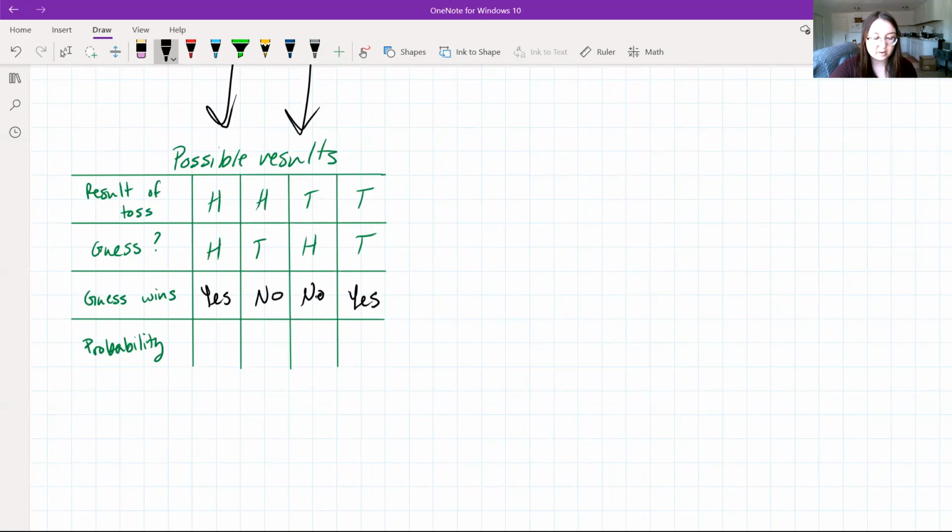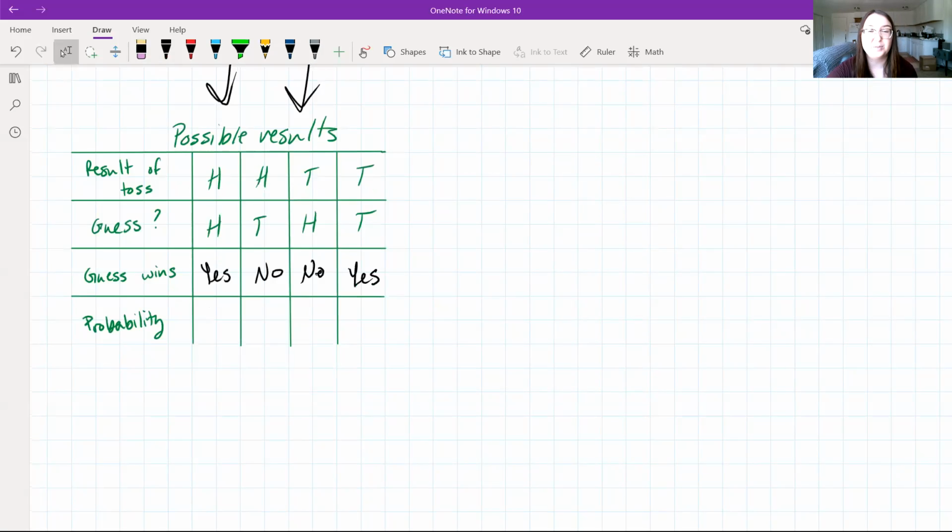and our probability of whether she's going to guess it right or not is essentially 50-50, but if we think here, there are going to be 4 different options for each occurrence. So for our very first outcome, they toss heads and she guesses heads.